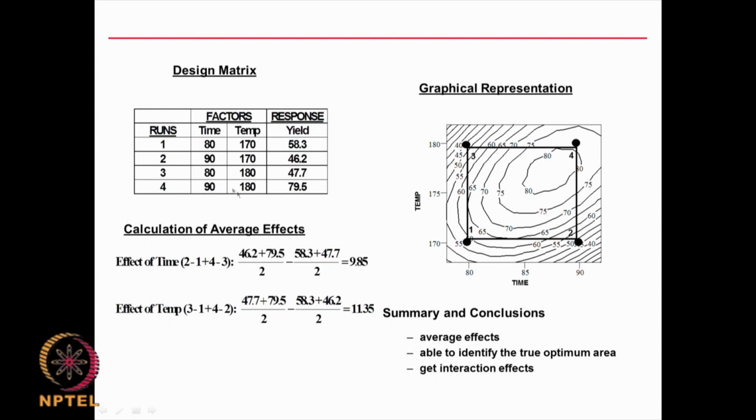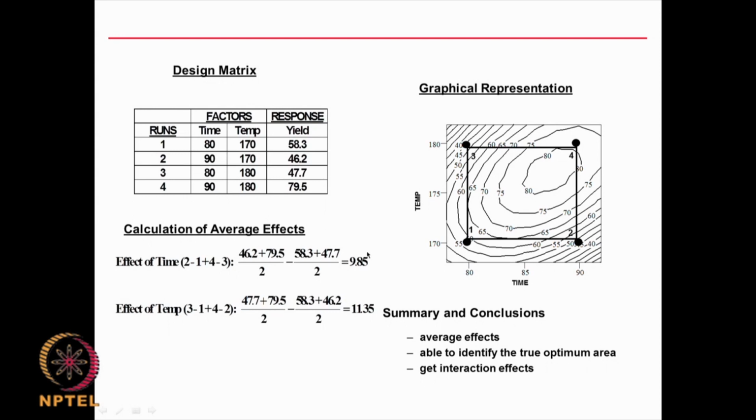Because there are 2 experiments done at 80 and 2 experiments done at 90. So, you take 46.2 plus 79.5 by 2 minus 58.3 plus 47.7 by 2. This is the effect of time.